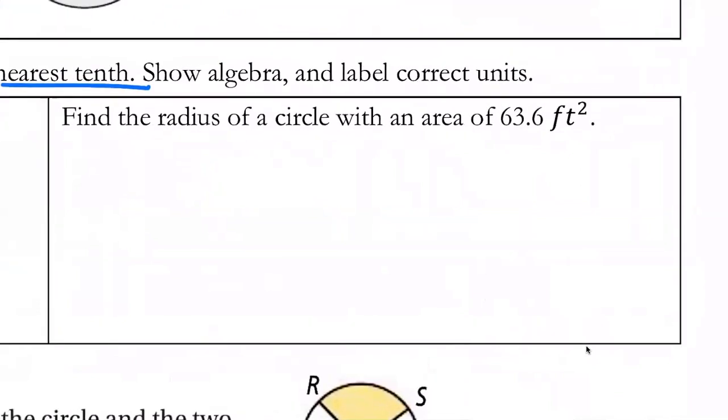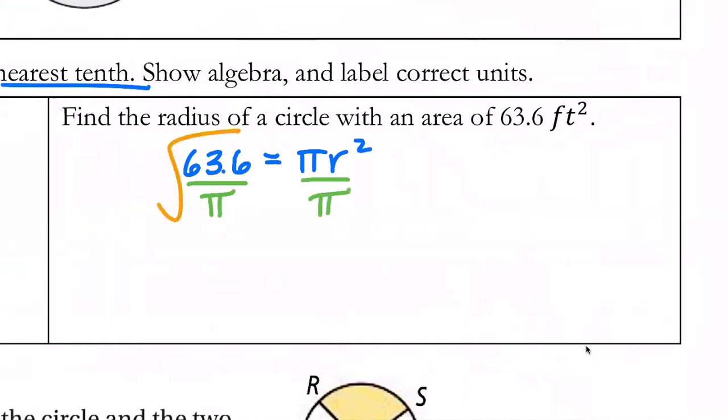Okay, find the radius of a circle with an area of 63.6 square feet. So area is pi r squared, 63.6 equals pi r squared. So divide both sides by pi. And then we're going to square root both sides. That would cancel there. Okay, so typing into the calculator would be the second function square root of 63.6 divided by pi, second function caret key.